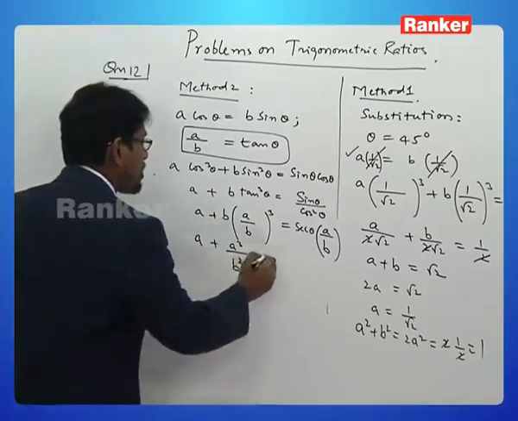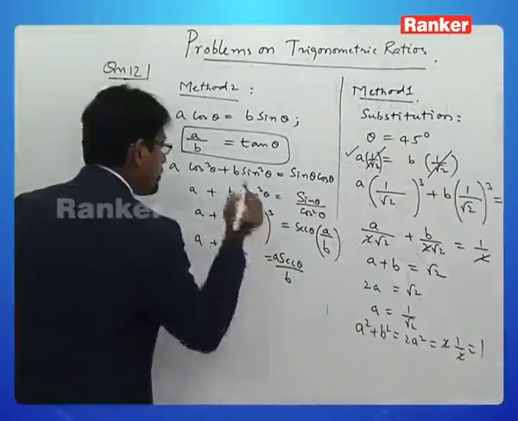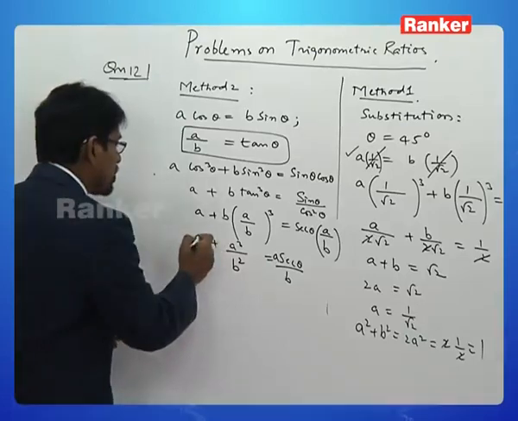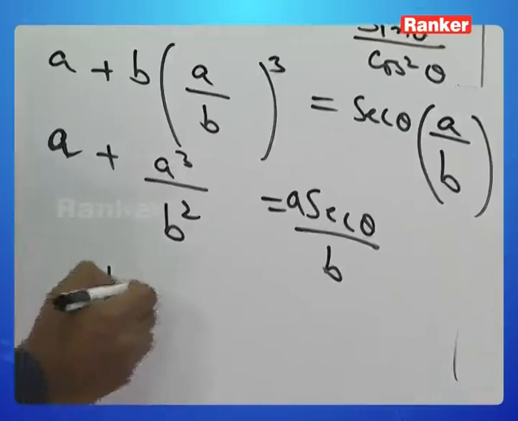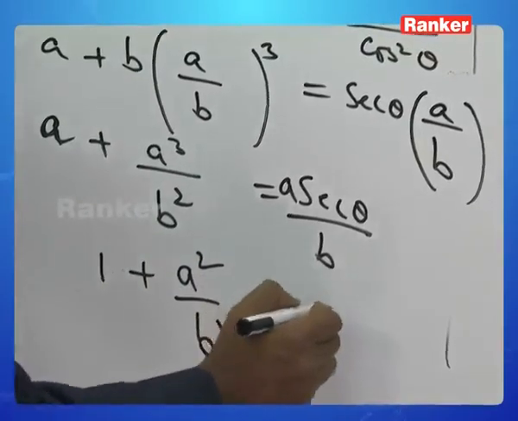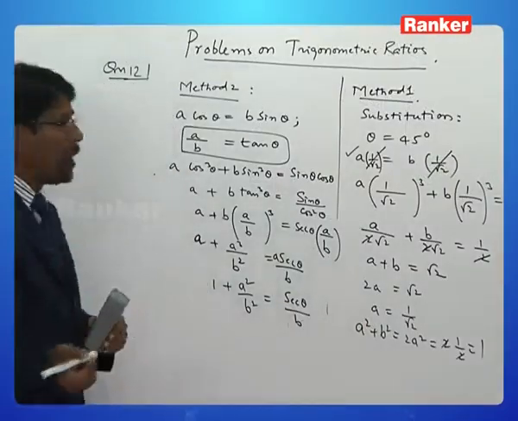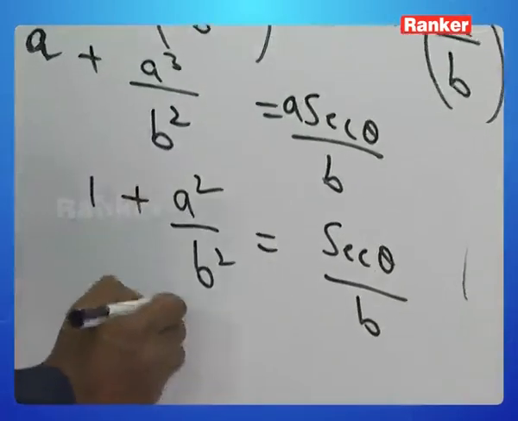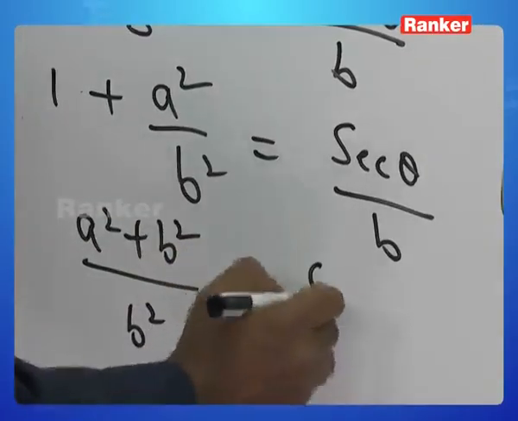A plus A cube by B square, A secant theta by B. Further, there is a common A throughout. We will cancel out that A. So we will get 1 plus A square by B square is equal to secant theta by B. But what is this? I can say A square plus B square by B square is equal to secant theta by B.